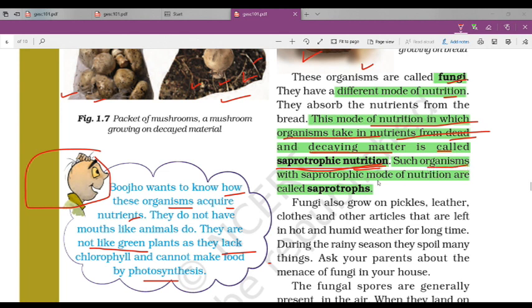Such organisms with a saprotropic mode of nutrition are called saprotrophs. The organisms are called saprotrophs and the mode of nutrition is called saprotropic nutrition.